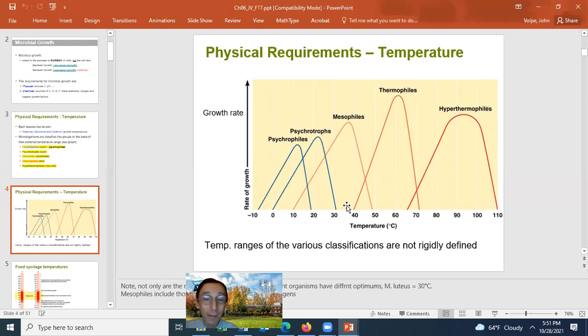But there are some organisms which we consider mesophiles, and they grow best at 30 degrees, like Micrococcus luteus, because it grows on your skin. And our skin is a lower temperature than 37 degrees. And so Micrococcus luteus grows best at skin temperature, around 30 degrees Celsius. Any question about that?